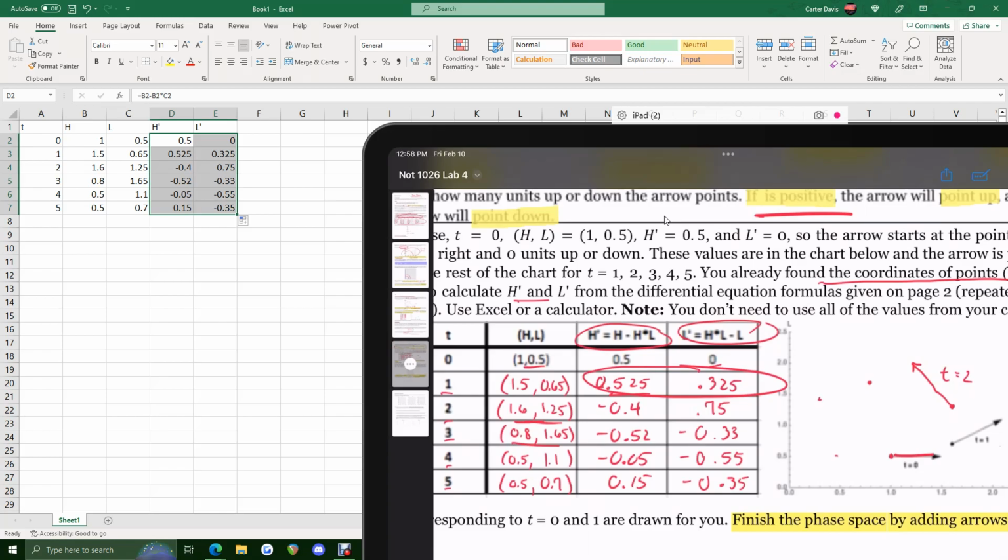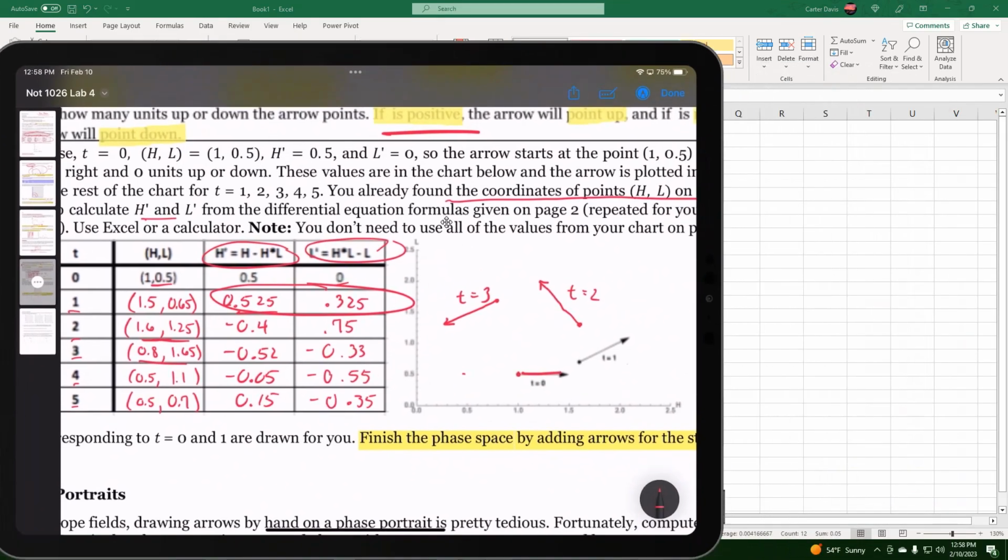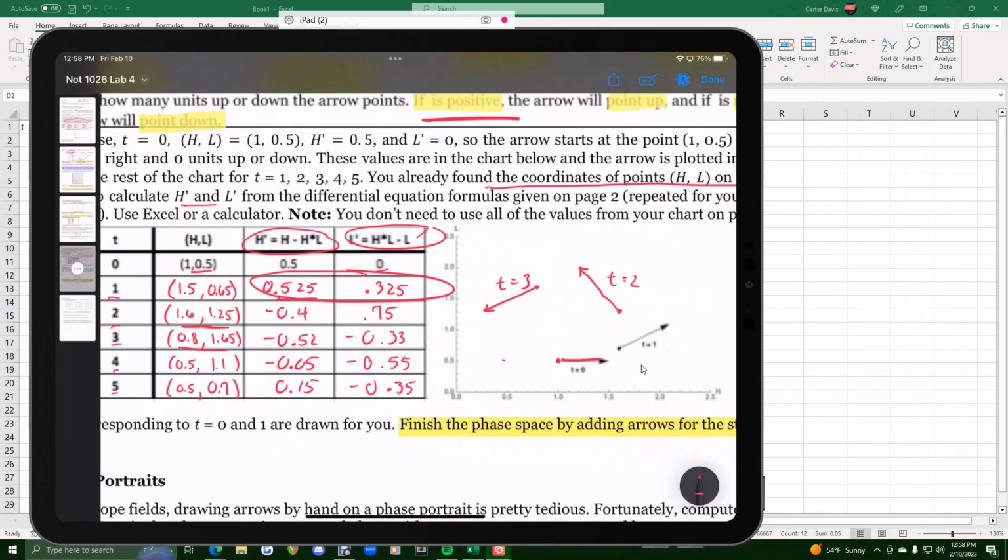I'm just roughly estimating here, maybe something like this. That's for time 3, and then you would keep going along. I just realized I'm barely showing you what I'm drawing over here. Anyway, hopefully it's still caught it all. You'll continue to do that for time 4 and time 5.